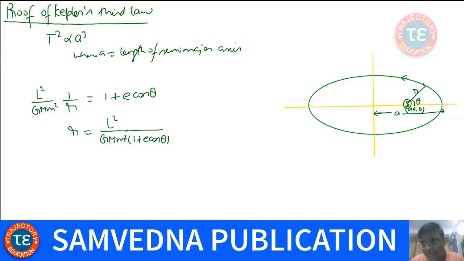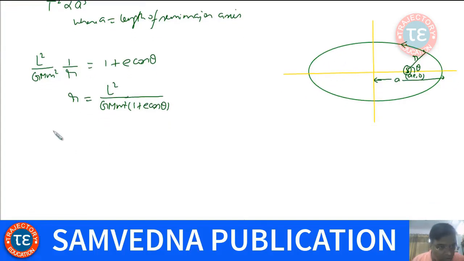So what is the time period of revolution? See, we have already got the areal velocity. The areal velocity is given by L upon 2m. This is the areal velocity.